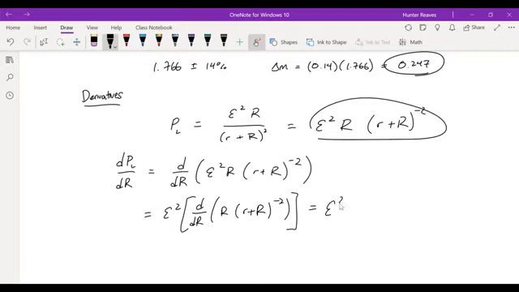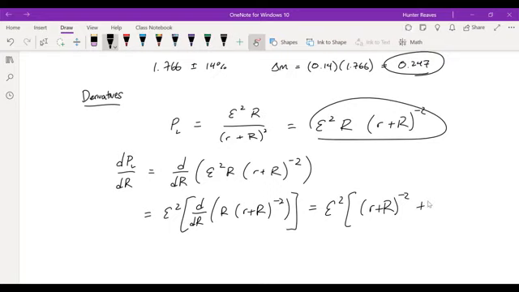So I can write that as, well, it's a product, so I say the derivative of the first one, and then write the second one. So that derivative of R is just 1. Derivative of R with respect to R, right, is just 1. And then you'd write the second term, so r plus R to the minus 2.